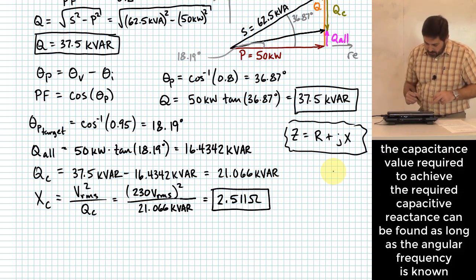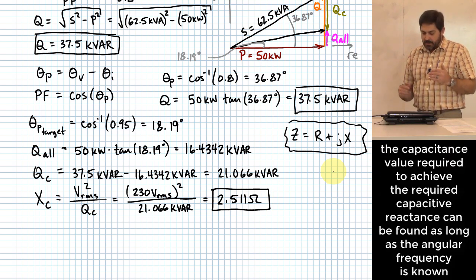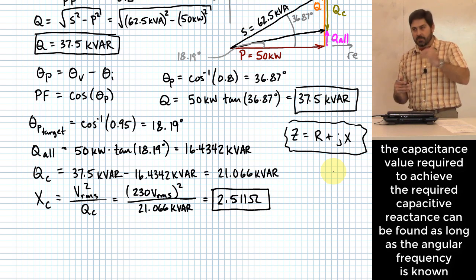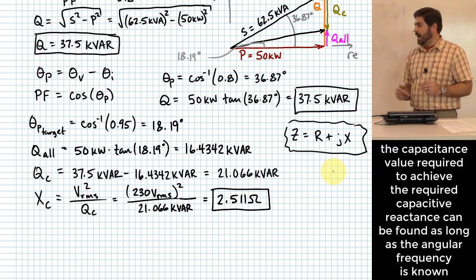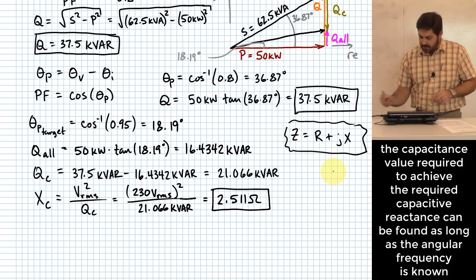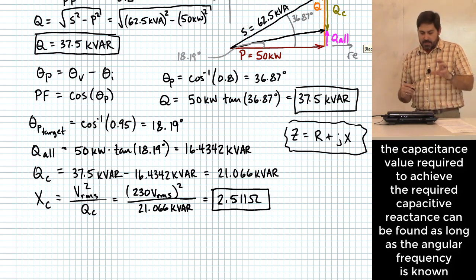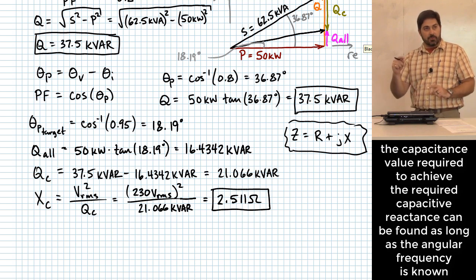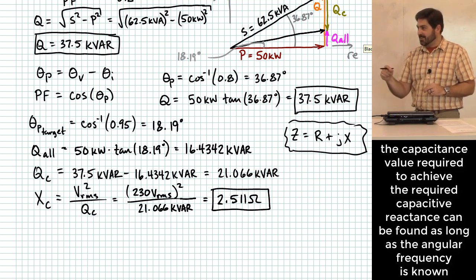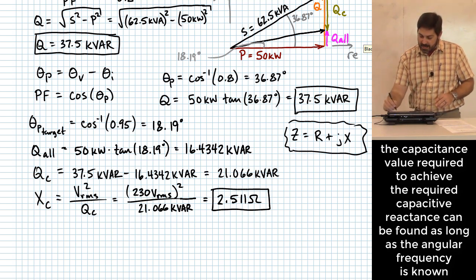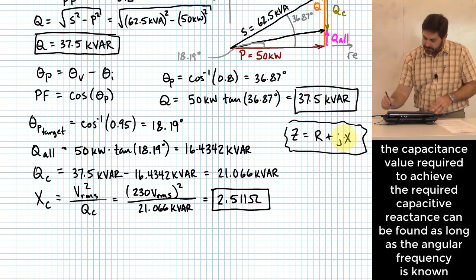Okay? All right. That is the amount of reactance that I need. How do I figure out the capacitor value that I need to get that amount of reactance? Okay? Well, that's not too bad because all it is, it's going to be based on minus J over omega C. Keep in mind that the J we're sort of eliminating from this because the J is outside of this X, right?